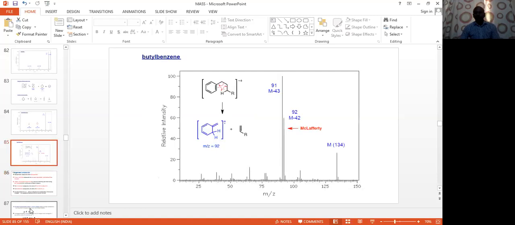Next is butyl benzene, which, as I told you, can also undergo the McLafferty rearrangement.